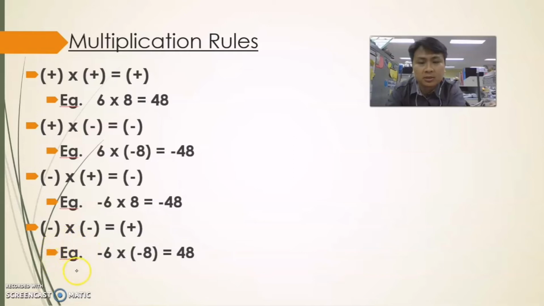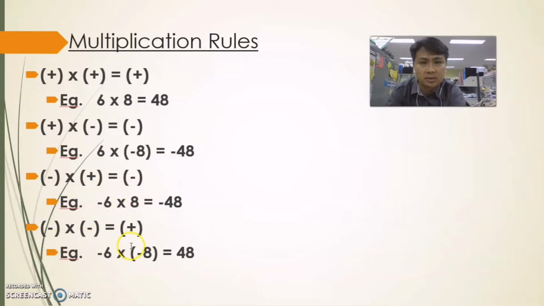If we take negative 6 multiplied by negative 8, you'll end up with positive 48. This can be verified using your calculator as well.